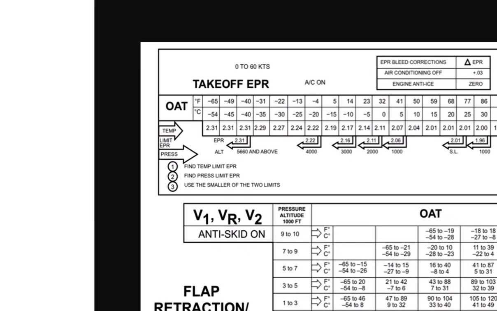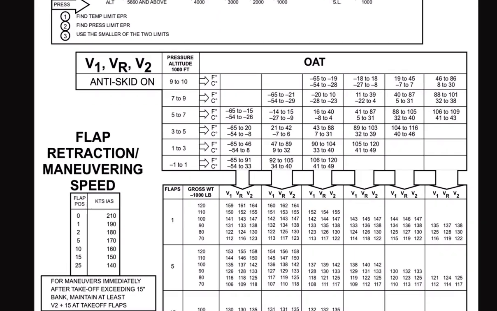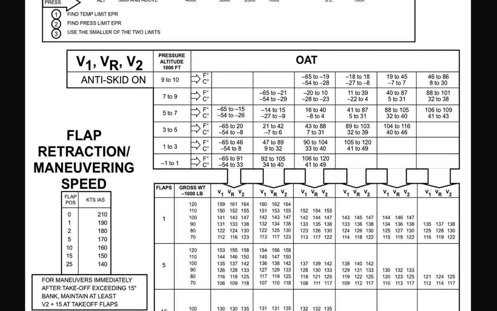Now I'm going to make a note that my pressure altitude is 500 feet. And then I'm just looking at the operating conditions from R1. So I'm following this chart left to right, and I'm going to start with my pressure altitude. So my pressure altitude is 500 feet, and these are in thousands of feet.